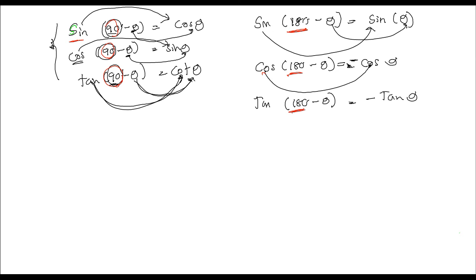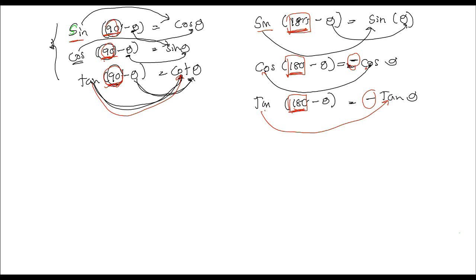Cos stayed as cos, tan stayed as tan. There was a change to the positive or negative sign of it, that we'll deal with later. But important to remember is that when you associate with 180, no change to the trig ratio. When you associate with 90, the trig ratio changes.